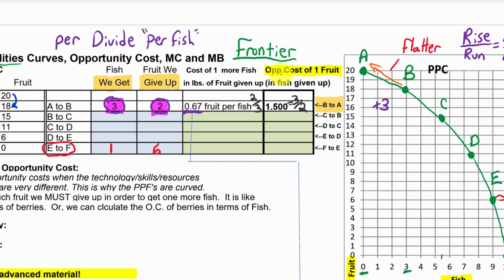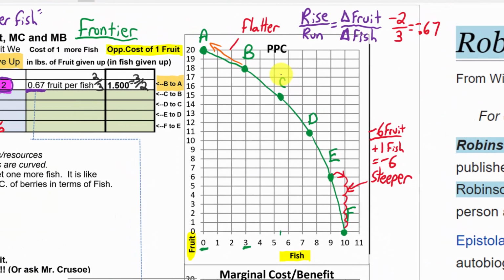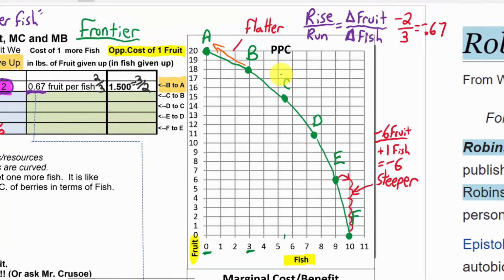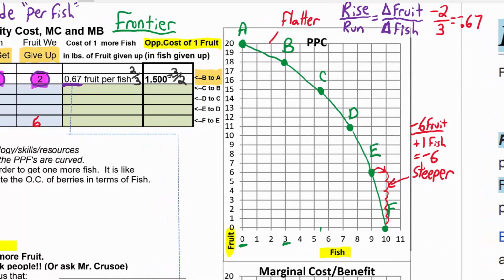Now, by looking at this visually, looking at this graphically, we're able to see that as we go from A to B to C to D to E to F, things are getting steeper. And that means that the opportunity cost of getting more and more fish is that we're giving up more and more fruit for each one because things are getting steeper.